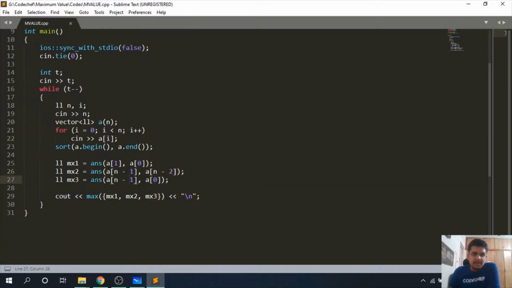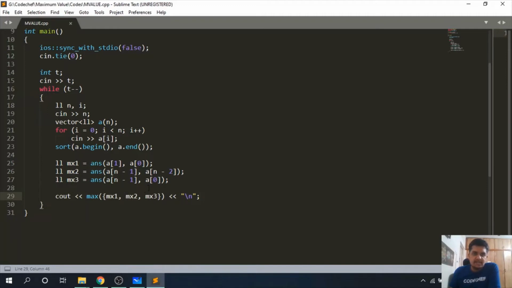And max3 was the greatest element and the smallest element as A and B respectively. So these three are the possible answers, and what we just have to do is find the max of these three elements. So we do it here and we output the answer on a separate line.